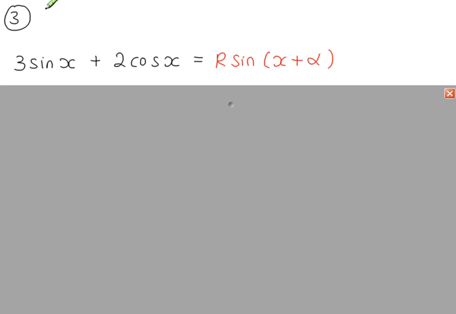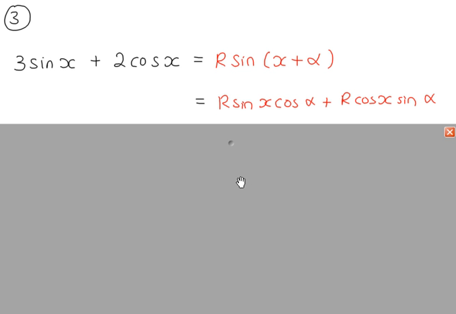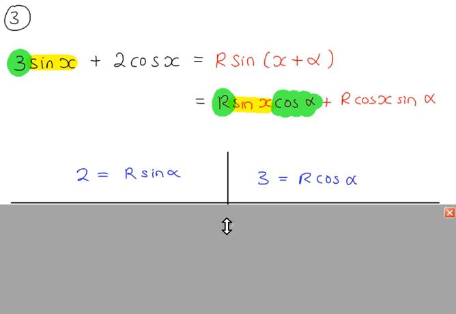Example 3, we're going to write this mixture of sine and cosine terms just in terms of sine. So using the compound angle formula, we have this. So sine x, here is sine x. So from here we can say that 3 is equal to r cos alpha here.